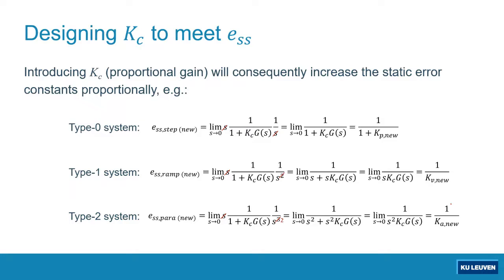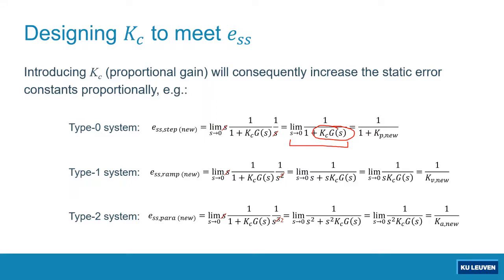With the same analogy, for this new system with a certain Kc, if I have a type 0 system, my steady state error to step input will be the same as before: limit s to 0 of 1 over 1 plus the open loop transfer function, but now my open loop transfer function is equal to Kc times G(s).